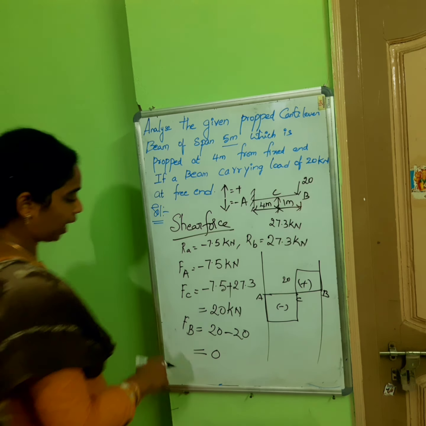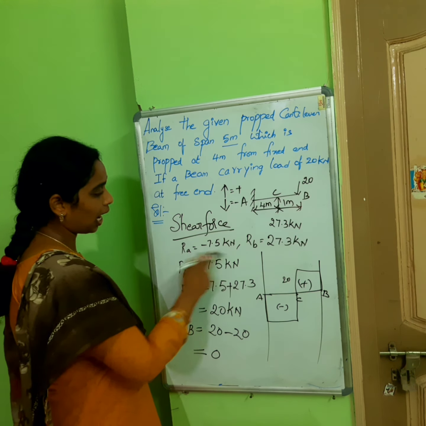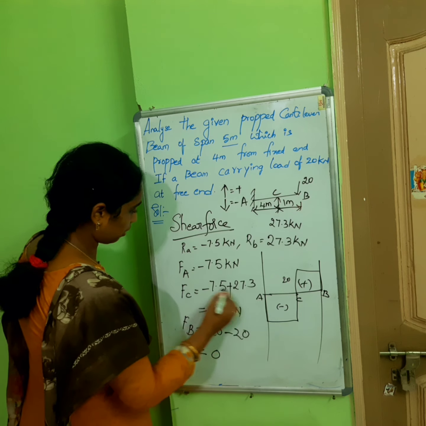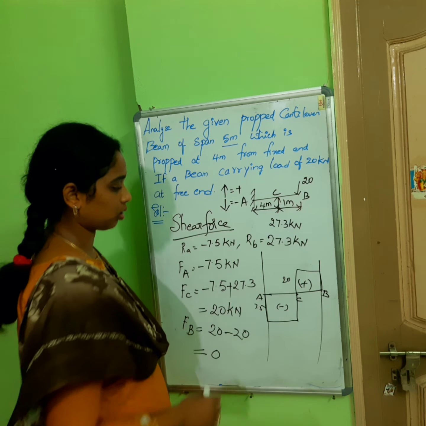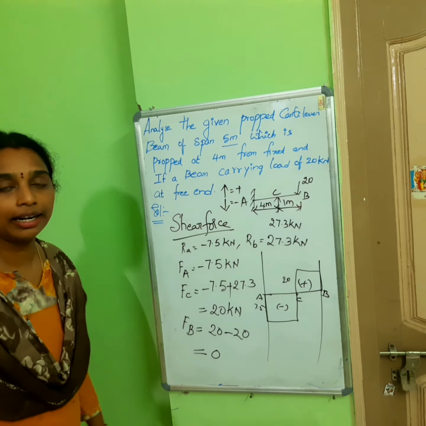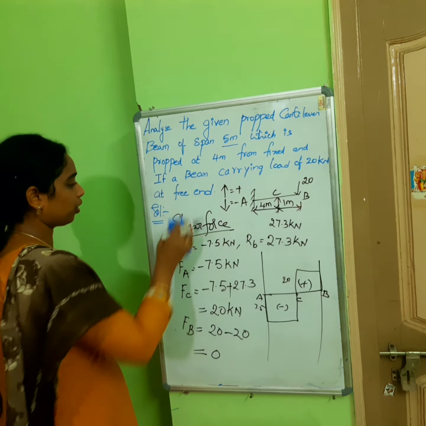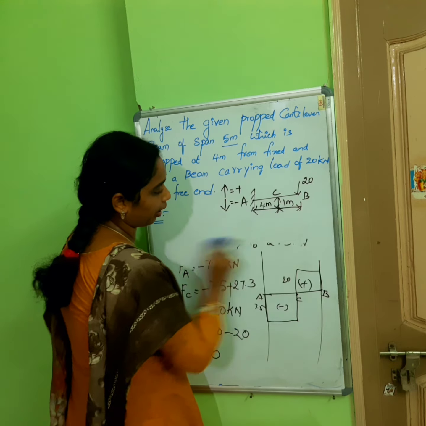Okay, I think everyone has understood shear force. The RA value, and FA is nothing but how much? 7.5. Okay, this is my shear force diagram. Now I need to draw the bending moment diagram.